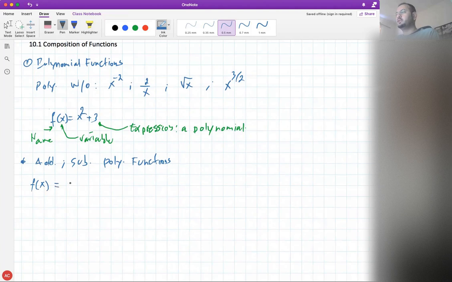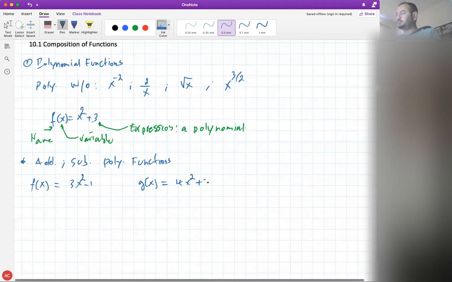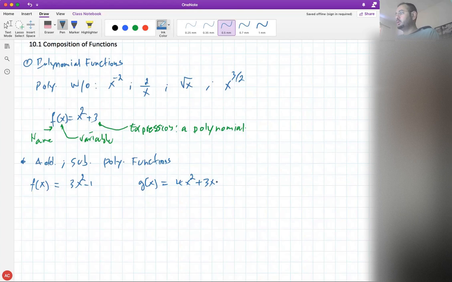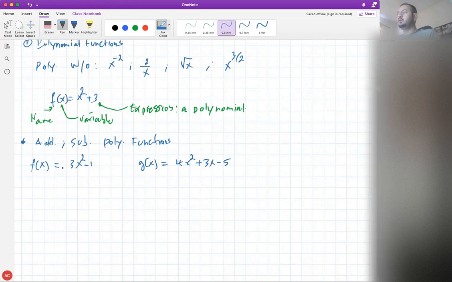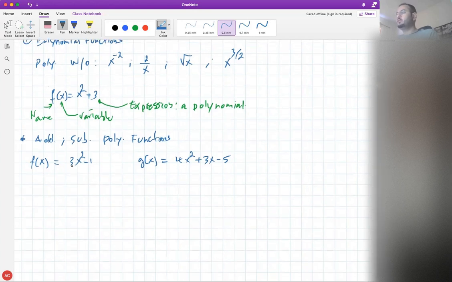For example, f of x is maybe 3x to the second minus 1, and another one or more, maybe 4x to the second plus 3. They could be a trinomial. They don't have to be both binomials or trinomials. It could be a binomial and a trinomial. So with these two, we can do whatever we want, basically. We can add them, subtract, multiply, divide, do whatever we want.